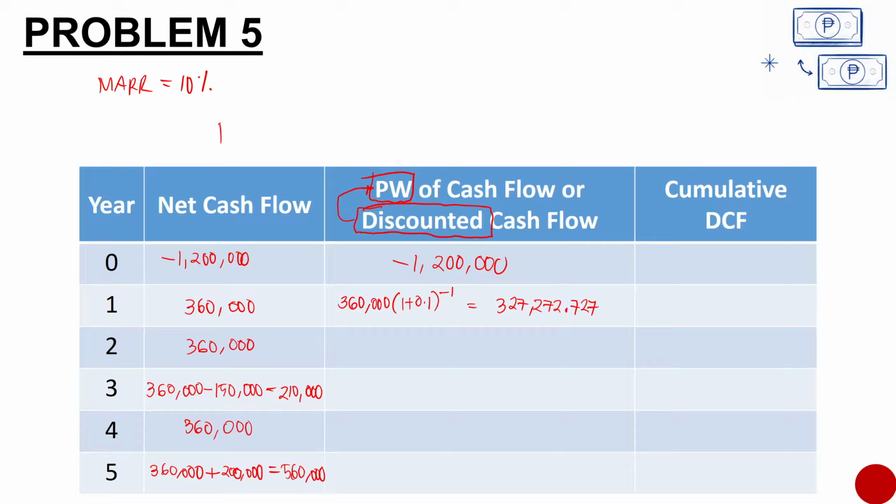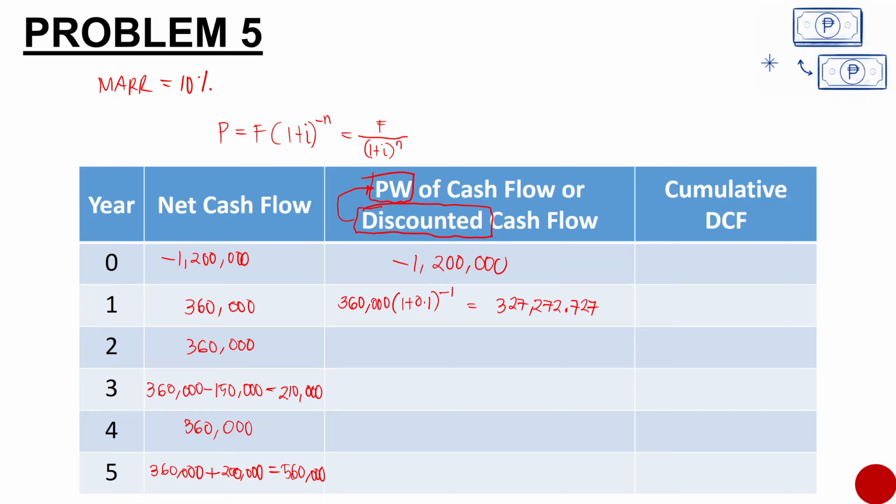What formula did I use to discount? We just used this formula from our compound interest: the present is equal to the future times 1 plus i raised to negative n, or similarly, F over 1 plus i raised to n.